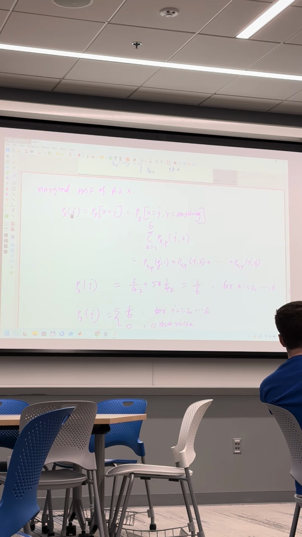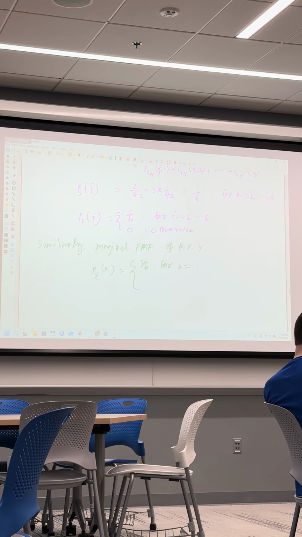Instead of j, you write k. And instead of y equals anything, you will have x equals anything. Instead of k equals 1 to 6, you will have j equals 1 to 6. You just flip the indices. So in that case, the result is going to be the same, 1 over 6 for k equals 1, 2, dotted, 6 and 0 otherwise.